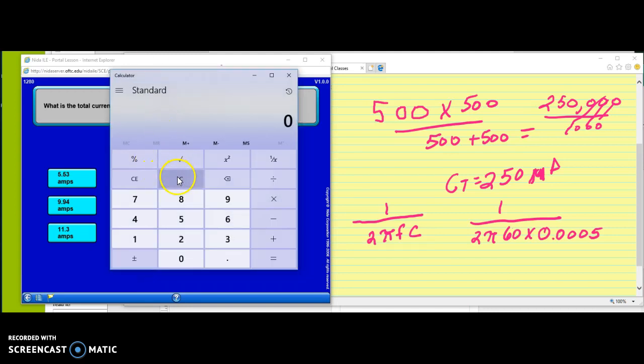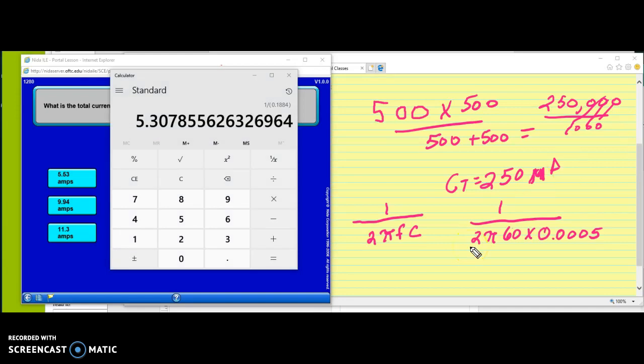So we're now calculating the X sub C here, and we're going to say 2 times pi, which is 3.14, times 60 times 0.0005 equals, and we're going to reciprocate that, and it's going to be 5.3 ohms of impedance if we did that calculation right.